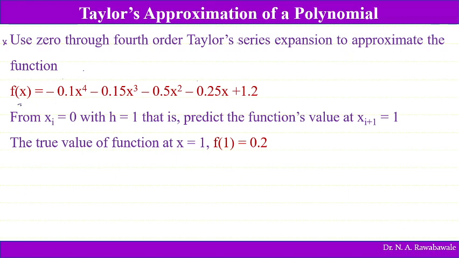The function is given: f of x is equal to minus 0.1 x to the power of 4 minus 0.15 x to the power of 3 minus 0.5 x square minus 0.25 x plus 1.2, from xi is equal to 0 with step value h is equal to 1. That is, predict the function's value at xi plus 1 is equal to 1.